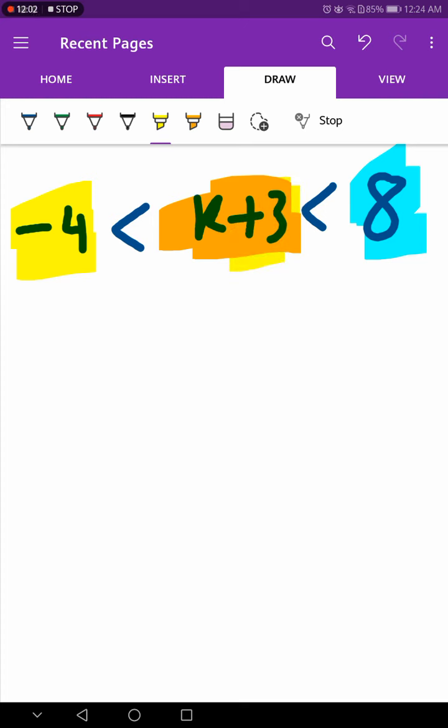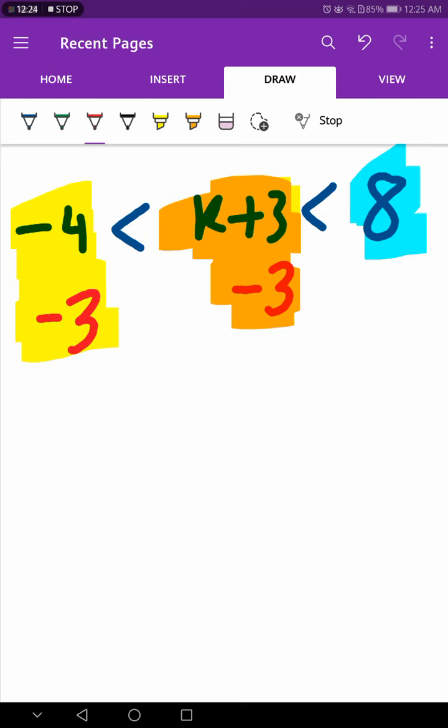You can do it by the inverse of the plus, which is -3, in the middle. And what you do in the middle you have to do on the left and the right. Okay, my dear student? Are you happy here?